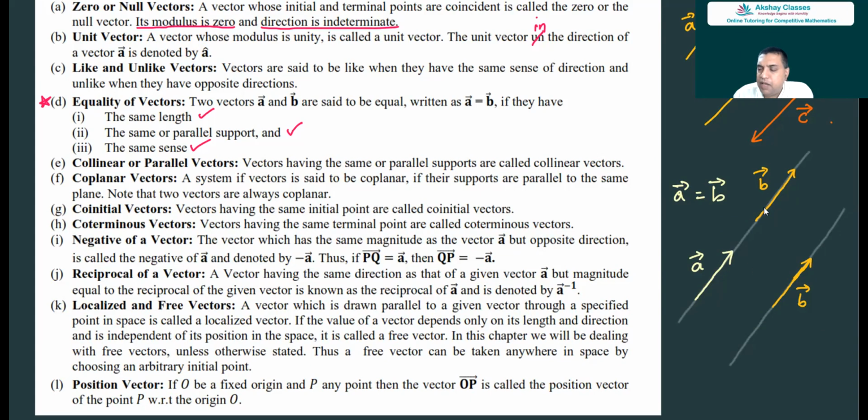Now B bar can be acting on the same line of support. This is called the line of support.